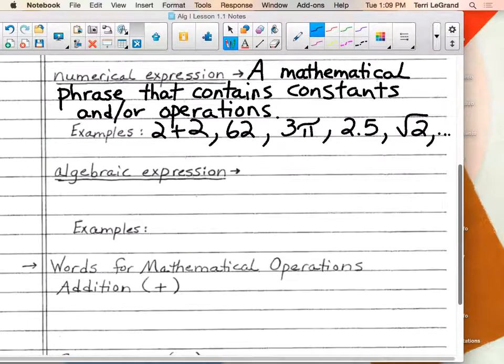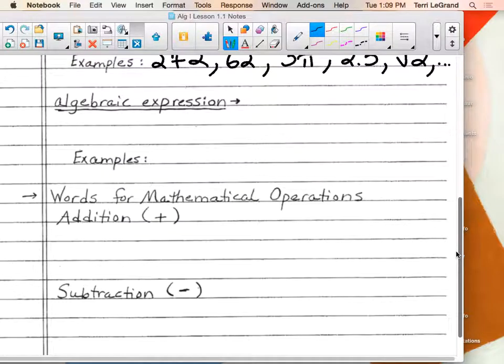Okay. Well then how does an algebraic expression differ from a numerical expression? Connor? An algebraic expression has variables. Oh yeah, so we're going to say a mathematical phrase. We want to make sure we understand that it is not a complete math sentence, it's just a phrase. It does not have an equal sign. And I'm going to keep saying that.